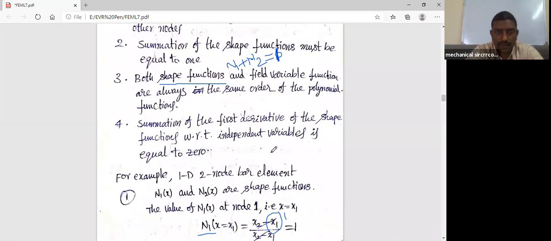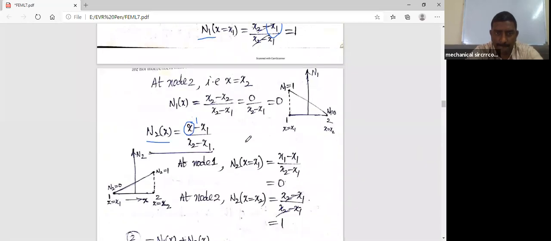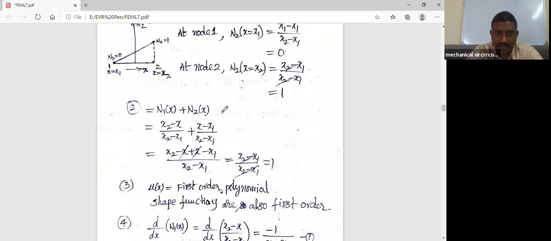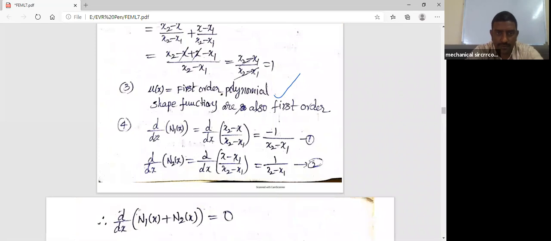The fourth property is that the summation of the first derivative of the shape functions with respect to the independent variable is equal to 0. Differentiating shape function N1 with respect to x, d by dx of (x2 minus x) by (x2 minus x1) is equal to minus 1 by (x2 minus x1).